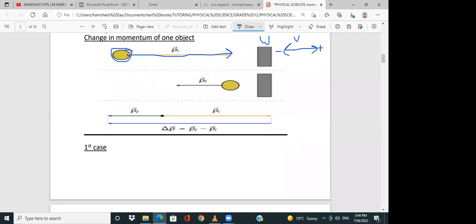Now, our ball is moving towards the wall right here. When it reaches our wall, it's going to deflect and change direction, right? After changing direction, we're going to have a negative velocity here.